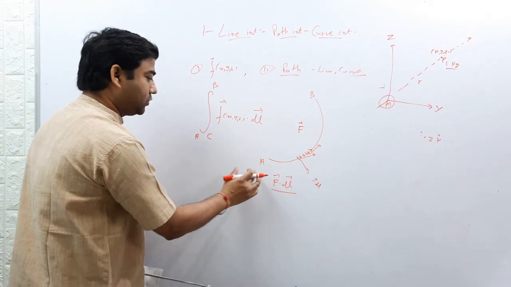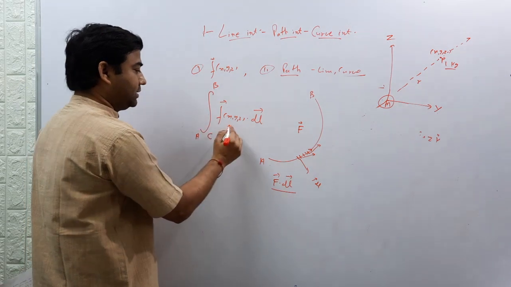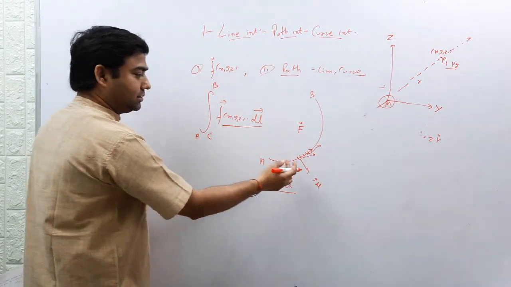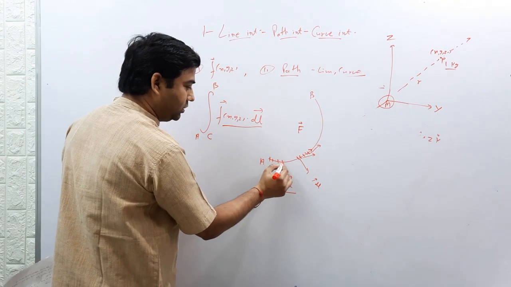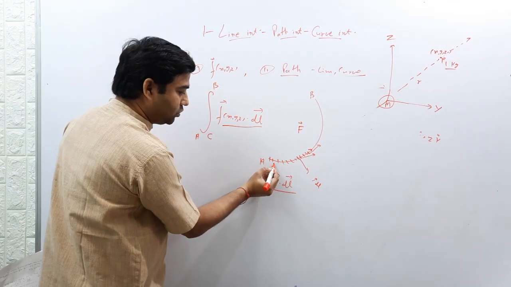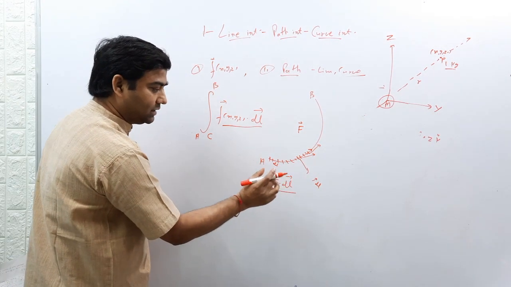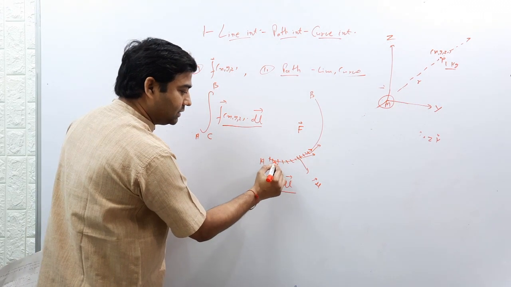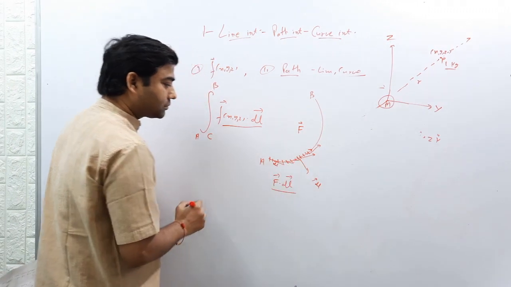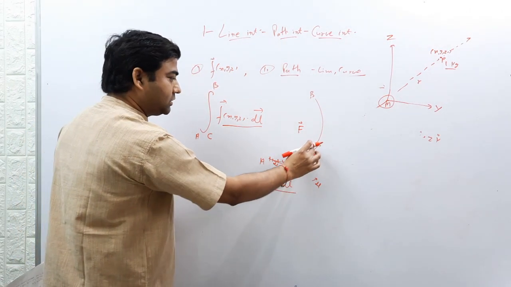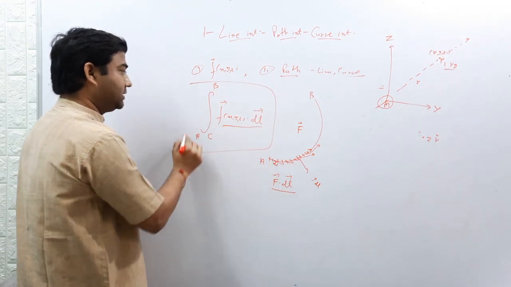That sum from A to B is written as the integral over C of F dot dl. These are small dl displacement vectors, having magnitude equal to the length dl and direction along the tangent. So all these dot products you have to sum up, and that sum is achieved by integration.